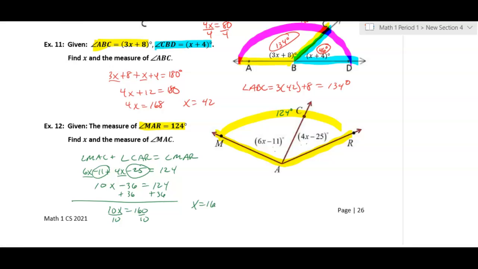If x is equal to 16, now to find angle MAC, 6 times 16 minus 11 would give you 85 degrees. Okay, so this should give you a good start on the notes, and I'll be there to answer questions later.